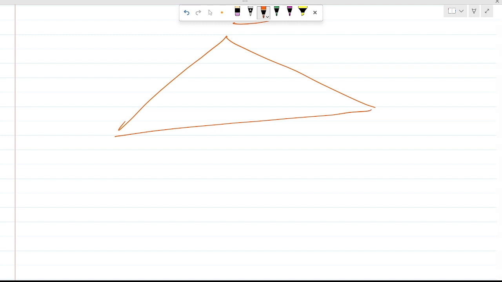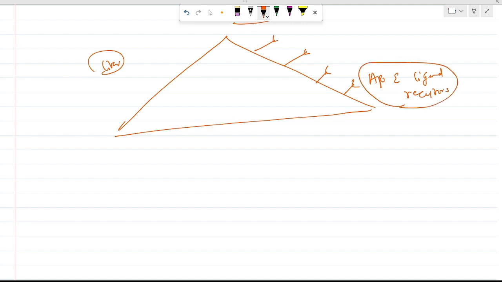So now we are going to see the liver. This is the liver. Okay. In this liver, remember, there are receptors. These receptors are ApoE ligand receptors.